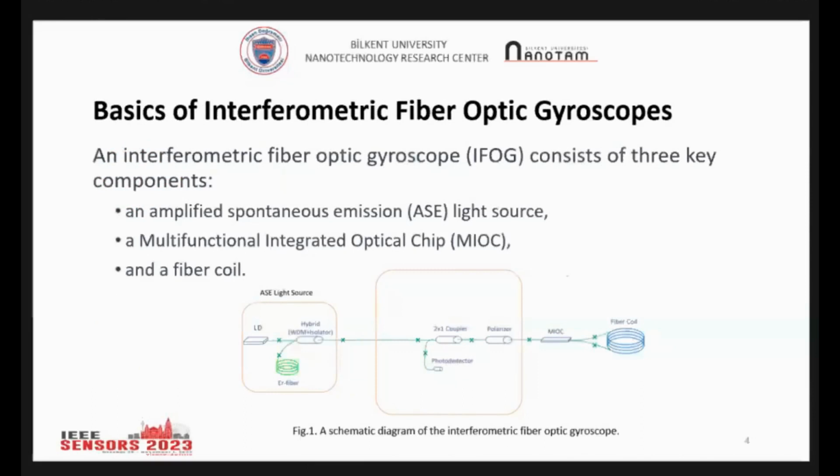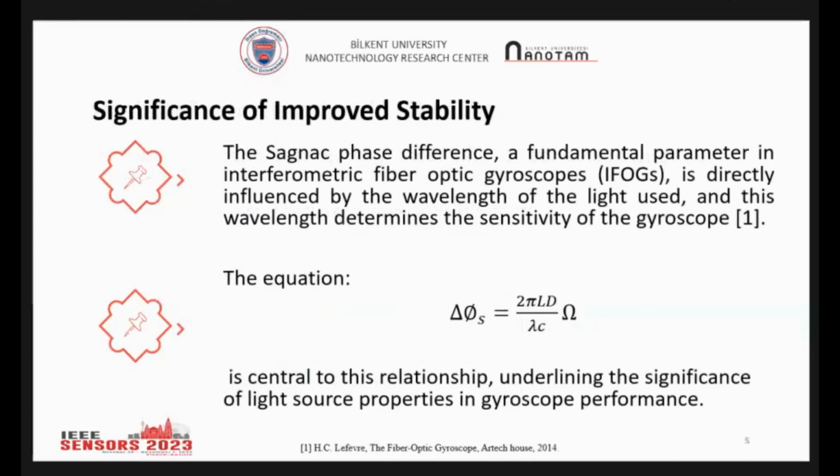Another important point of the fiber optic gyroscope is the wavelength stability of the ASE light source, because this is directly related to the sensitivity of the fiber optic gyroscope. In the formula, you can see the term called the scale factor. It represents the sensitivity of the fiber optic gyroscope.